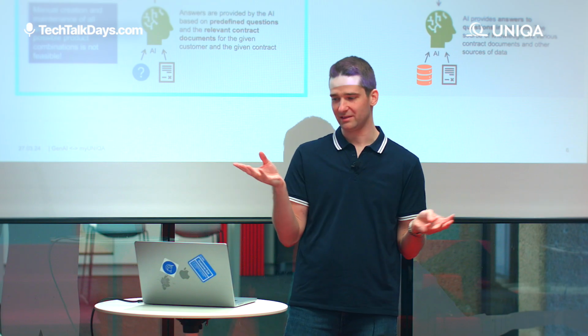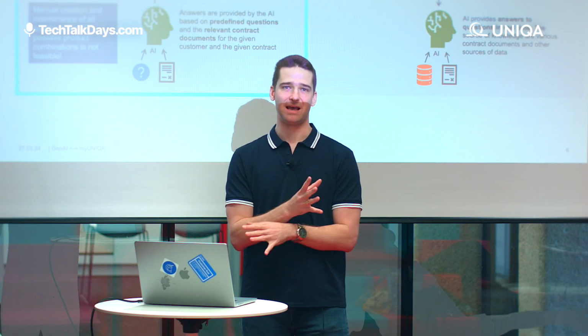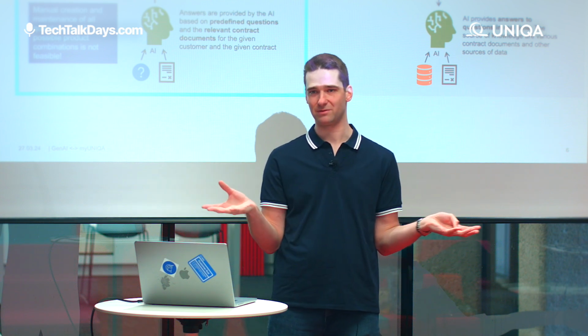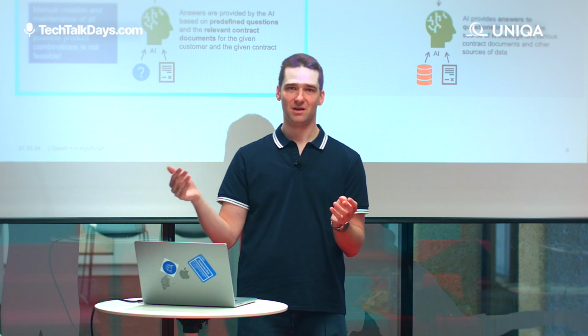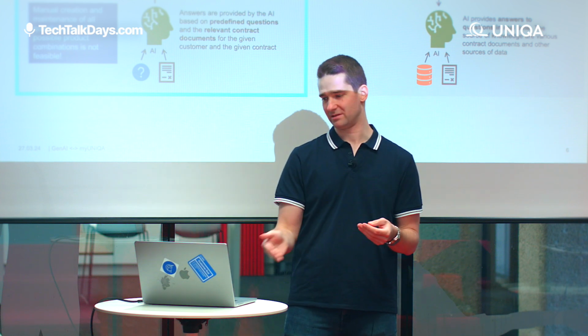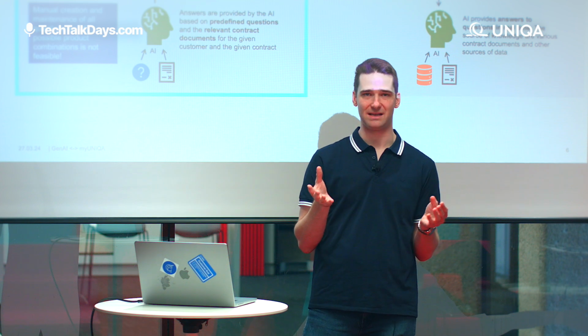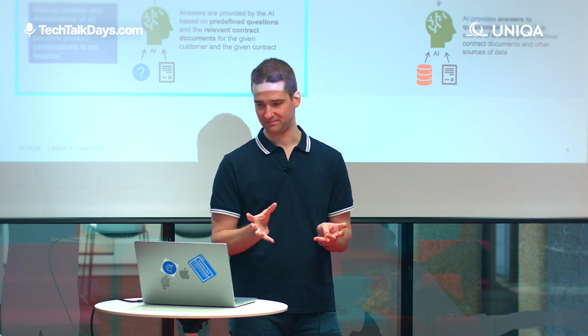So in the end, there should be something that can answer anything, not only related to contracts, but related to any insurance-related matter. So this is, let's say, our bold vision, that customers can ask any questions, and the AI provides those answers in real time based on the data that UNIQA is providing, so UNIQA related knowledge.